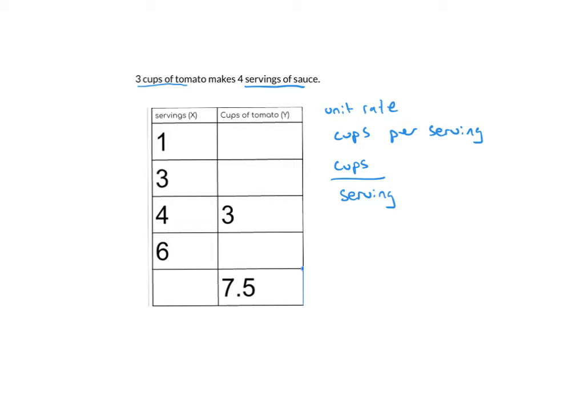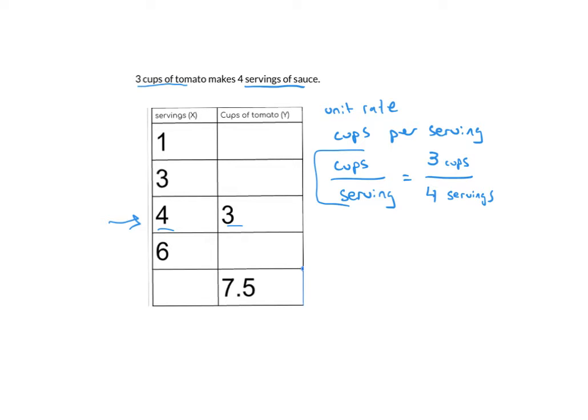Okay, so let's look at our table and see what we can do with this. We can see right here, we have our 3 cups for 4 servings represented. Using this ratio that we set up of cups per serving, we can say that means we have 3 cups per 4 servings.